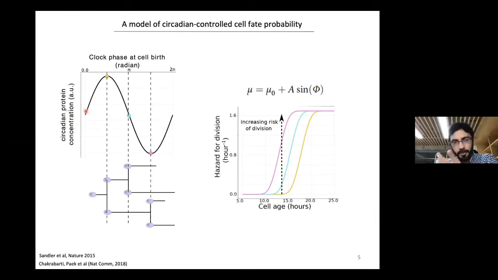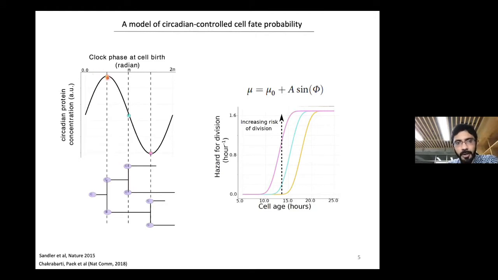And of course, that sets the phase of the clock, which is what I'm showing you over here. This phase goes between 0 and 2 pi. Imagine a situation where the phase of the clock at the time a cell is born sets how quickly that cell is going to divide, okay?